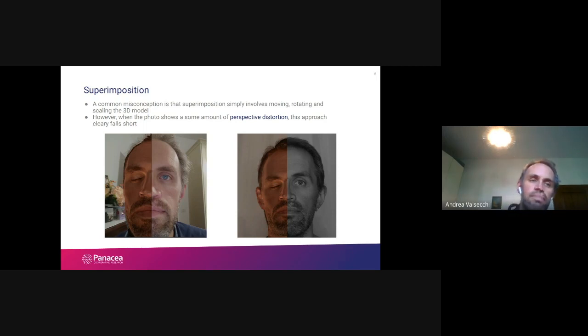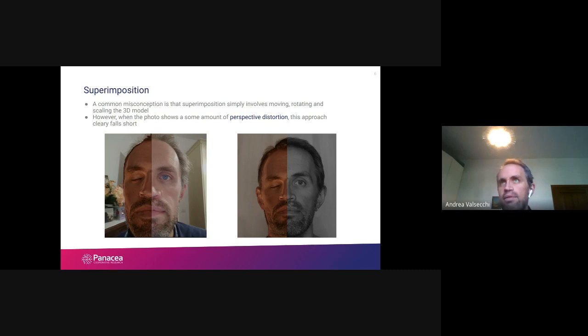Those two pictures show a lot of perspective distortion, especially the one on the left. What you are seeing is that the shape of the face is quite different. For instance, we can see that the nose is pretty big in the left-hand picture, and it's smaller in the right one. And I can assure you there is no way that by simply moving and rotating a 3D model, you can deform it like that.